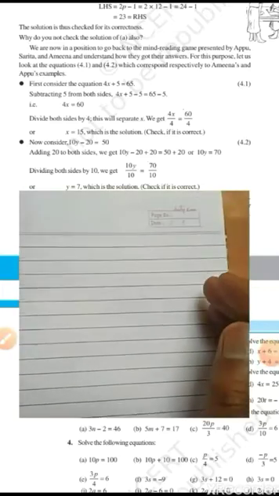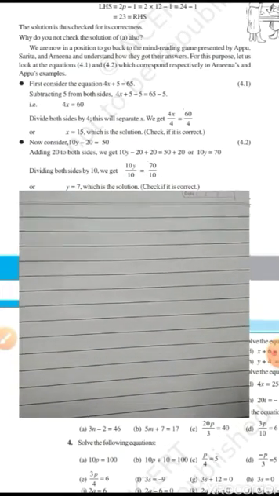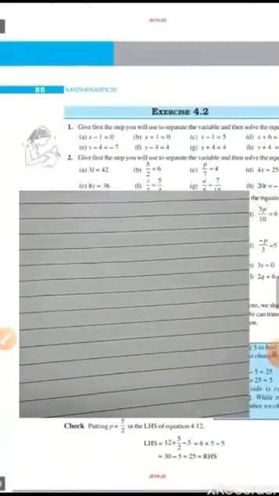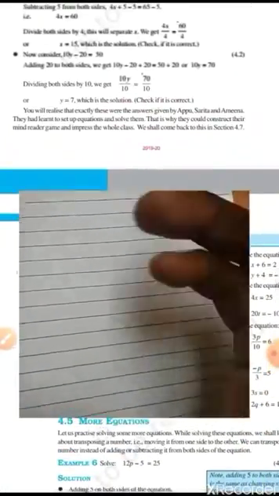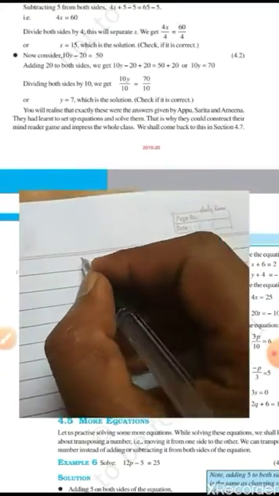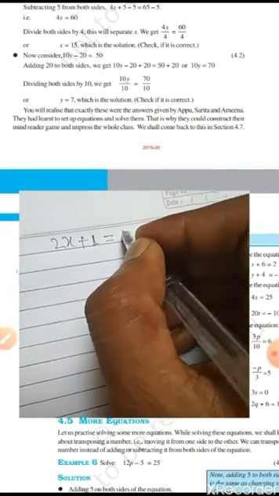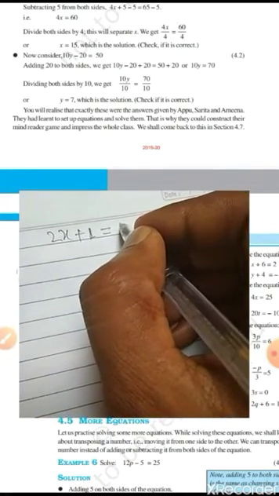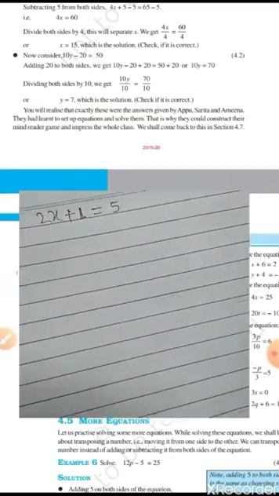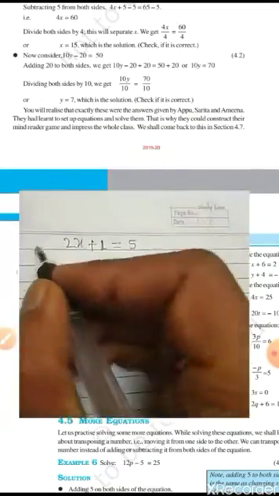Okay, when you solve any equation, you have to write each and every step that you follow. Okay, consider an example. Willingly I take an example: 2x plus 1 is equal to 5. Okay, solve it.